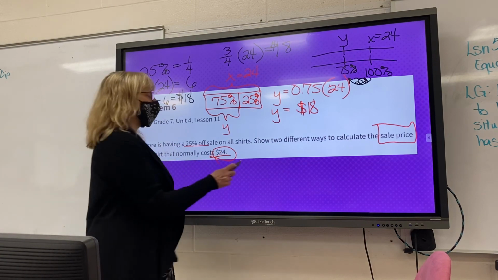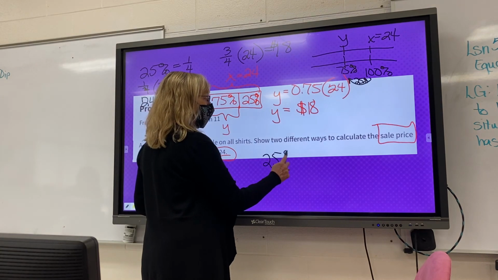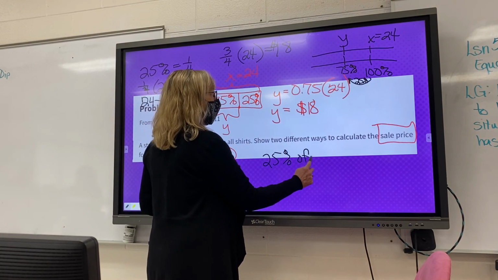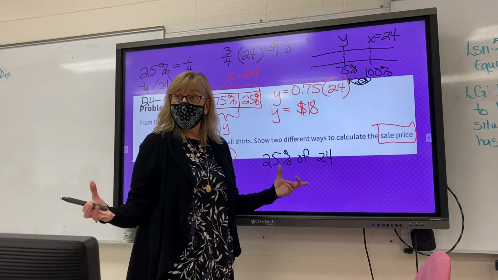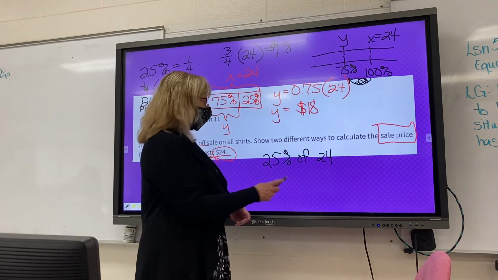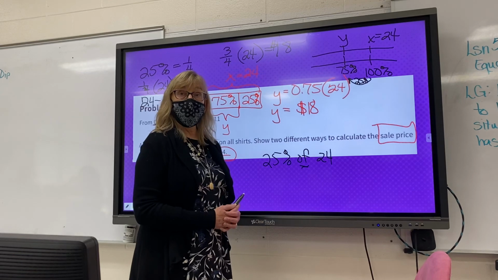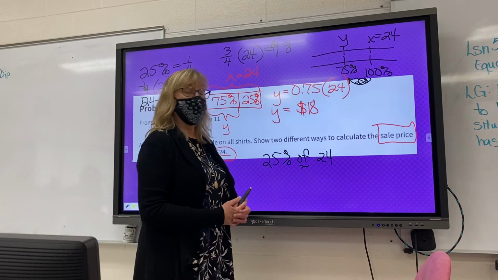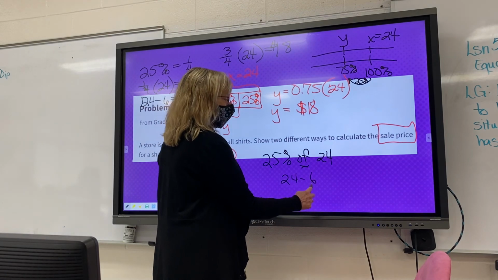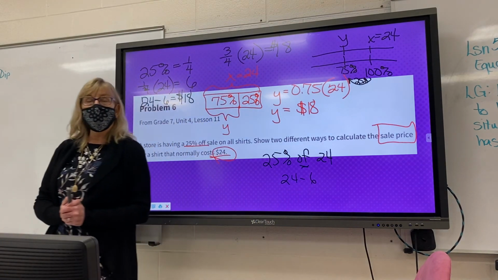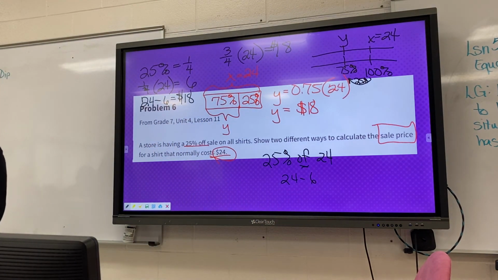If you want to find 25% of 24, your "of" means to multiply. You can put that in the calculator. That's going to give you 6, and then you know you have to do 24 minus 6. I just don't want you to get used to doing it that way, then you get handed a different calculator and it doesn't do its thing.